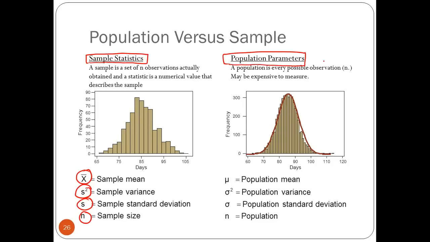Population parameters are indicated by Greek letters. This symbol here is mu, and it means population mean. Sigma square we have seen is population variance, and so on. So never mix them up. There is nothing called sample parameters. There is nothing called population statistics. You always have population parameters and sample statistics.